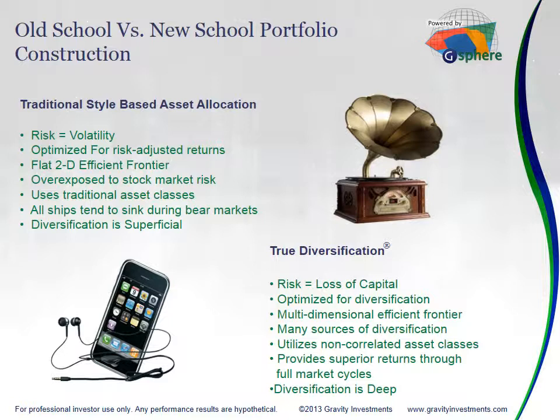Incorporating multiple dimensions gives us additional sources of diversification, which really exposes portfolios that have limited sourcing of diversification and likely overexposure to systematic risks, even though there might be a nice diversification benefit.